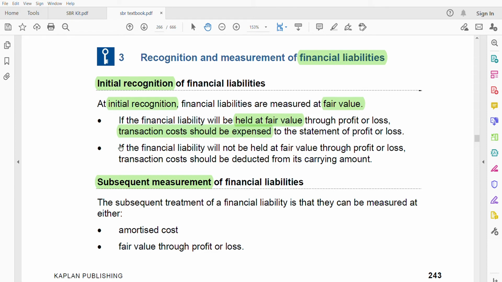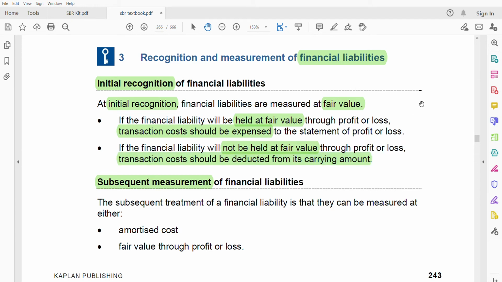If the financial liability will not be held at fair value through profit and loss, transaction cost should be deducted from its carrying amount. What carrying amount? The financial liability's carrying amount. You deduct the transaction cost there, then it's not expensed. You need to remember this.